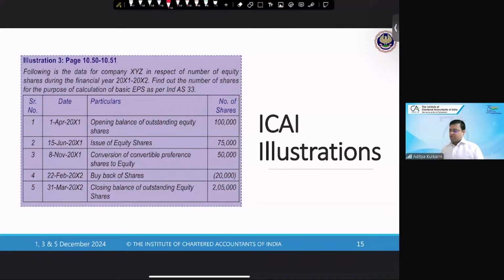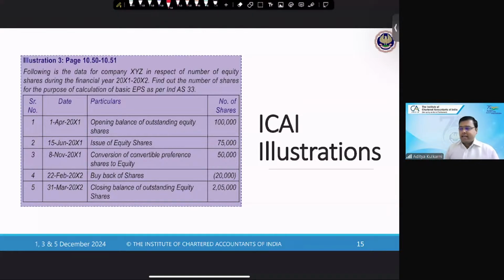Find out the number of shares for the purposes of basic EPS calculation as per Ind AS 33. Opening balance of outstanding equity shares 1 lakh. Issue of equity shares on 15th June 75,000. Conversion of convertible preference shares to equity 50,000 on 8th November 20x1. Buyback of shares on 22nd February 20,000. Closing balance of outstanding equity shares on 31st March X2 2,05,000.